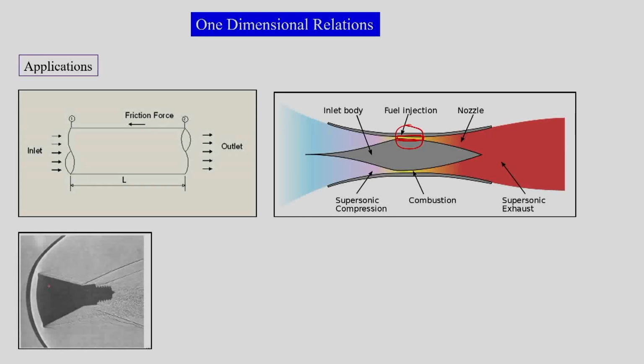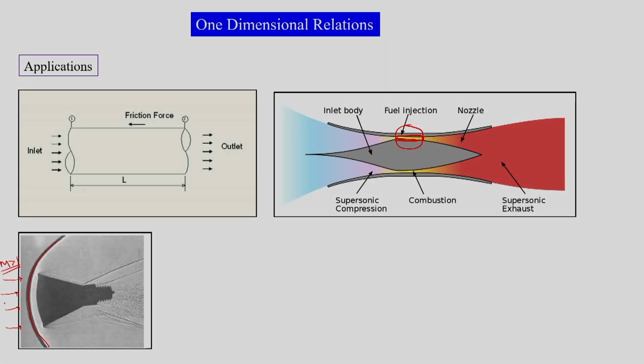Then we have one more application, where we have a blunt body and a supersonic flow over this blunt body. As we know, supersonic flow means flow having Mach number more than 1. In such cases a strong shock appears in front of the body.